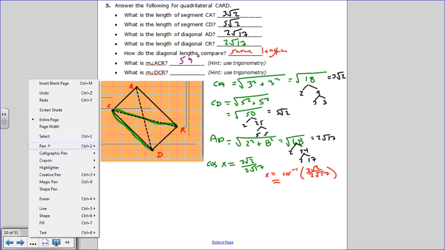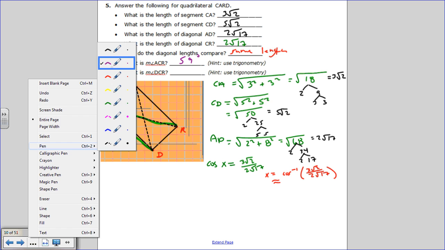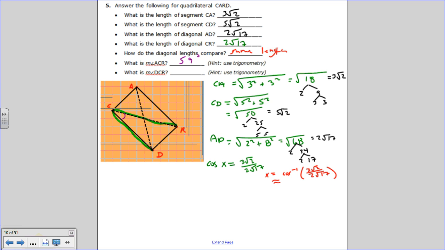So we're looking for this angle in the corner, right here. Now, it wants us to use trig. So we know the measure of CD as 5 square root of 2. We also know that CR again is 2 square root of 17. So we have adjacent and hypotenuse. So we must use cosine again.